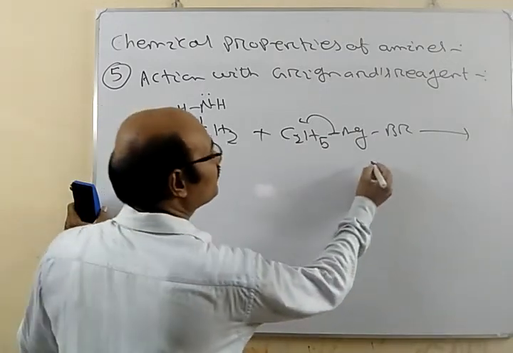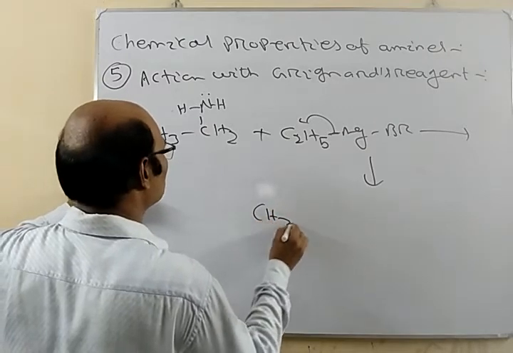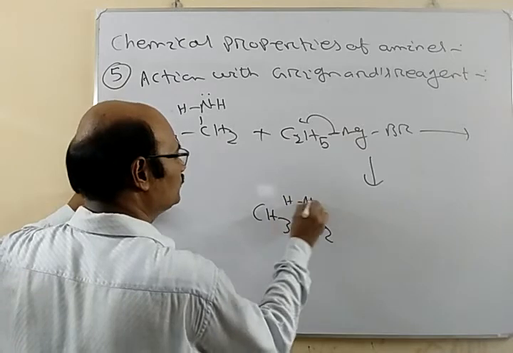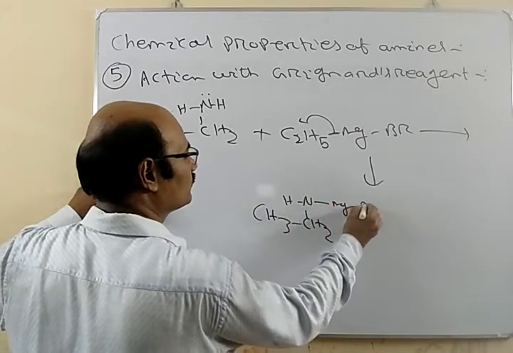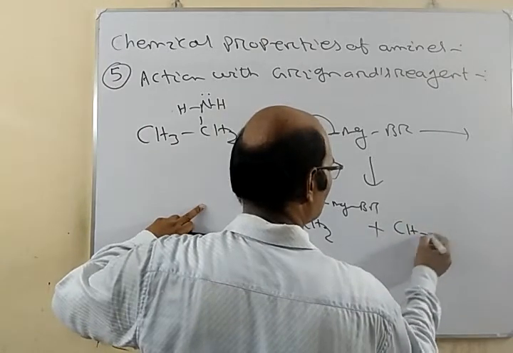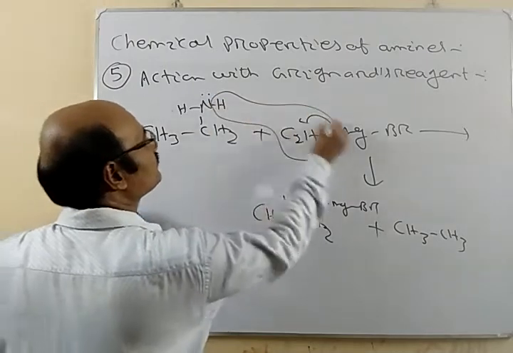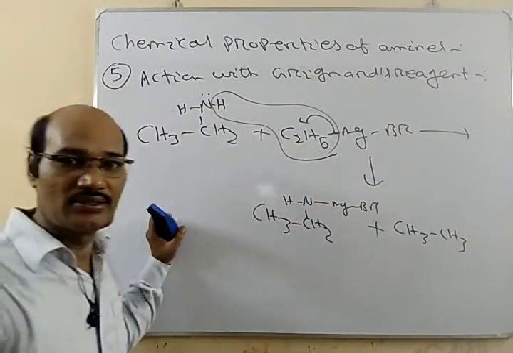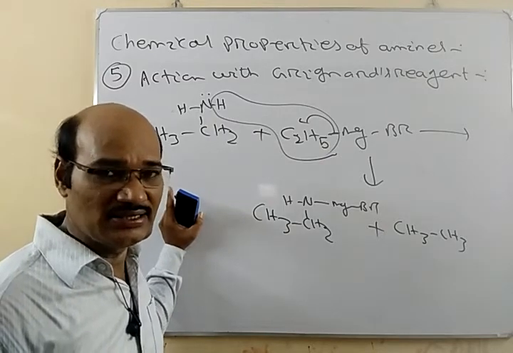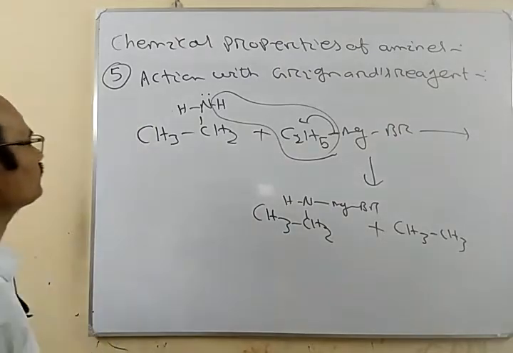So we get CH3CH2NHMgBr plus CH3CH3. That means this C minus and H plus will form what? Alkane. So when amines react with the Grignard's reagent, then an alkane is formed. Clear?